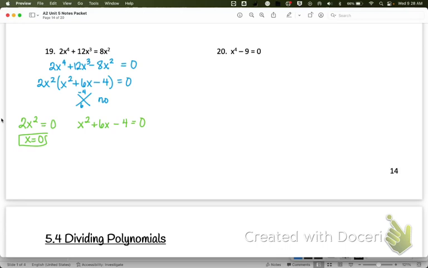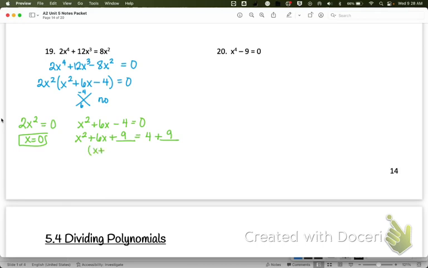This next one, not quite as nice. So I cannot use square roots because there's an x squared and an x. But this is a great one for complete the square because a is equal to 1 and b is an even number. So that's what I'm going to do. X squared plus 6x plus blank, and then add the 4 over plus blank. So half of 6 is 3, and 3 squared is 9. So that's what we're going to put in the blank.